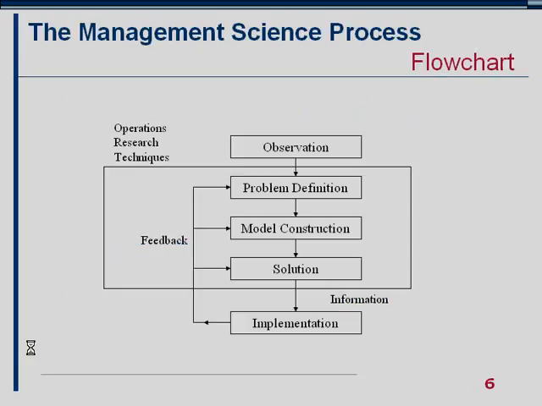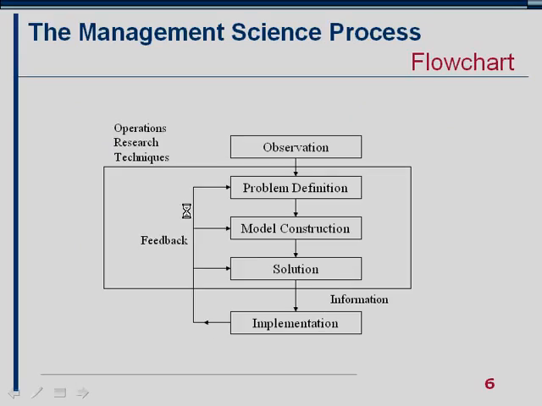Keep in mind that this process is iterative. Many times when you find a solution to a problem, you have really just created a new problem for which you need to find a solution at some point in the future. So we observe the system, create a problem definition, construct our model, try to get a solution, and we gain some information between getting the solution and the implementation stage.